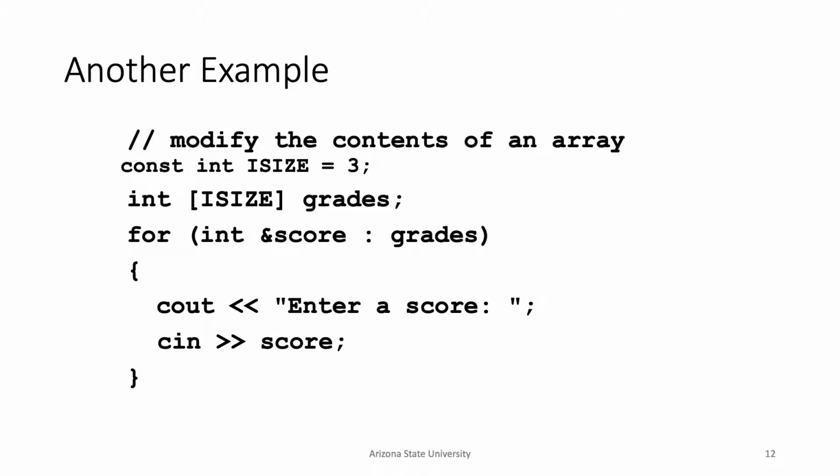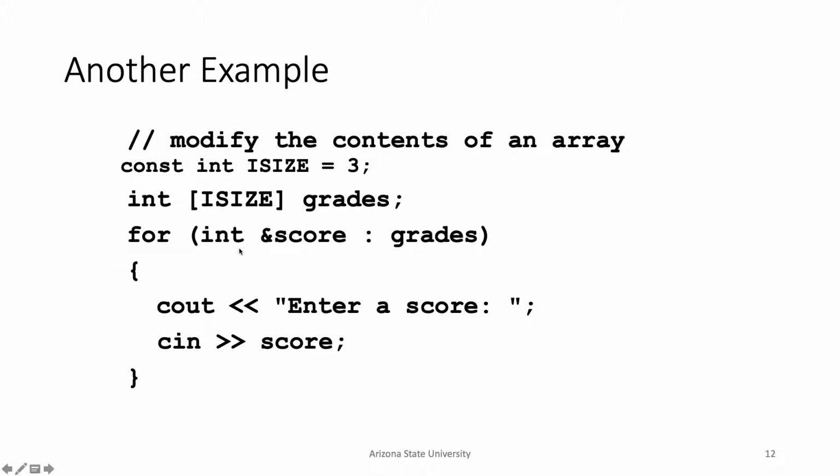So instead of just passing something by reference, I can do references right here, exactly the same way. So if you want to initialize all the values by having the user input data or something, just use a range-based for loop with a reference on it, and you're all set.